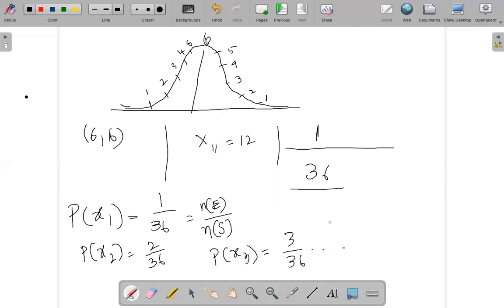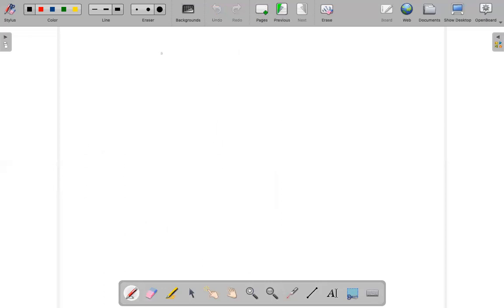Now you have to form the discrete probability distribution for x. Let us write that. Now we have chosen x as a random variable.